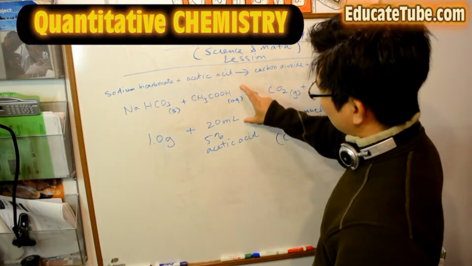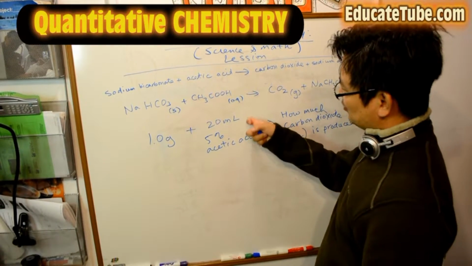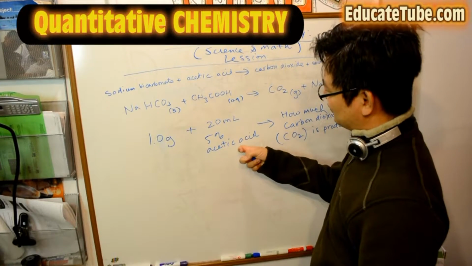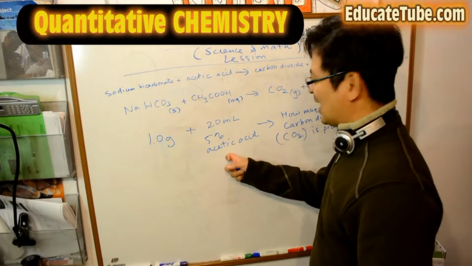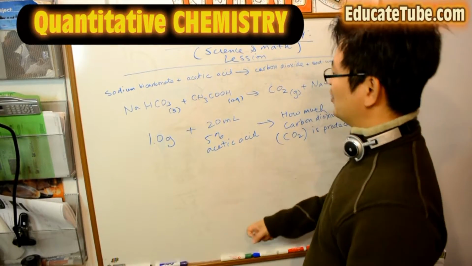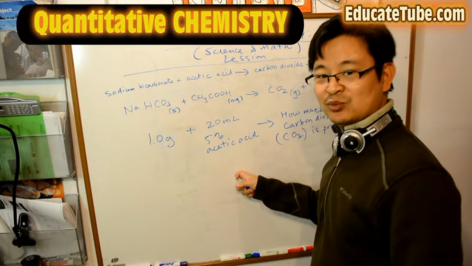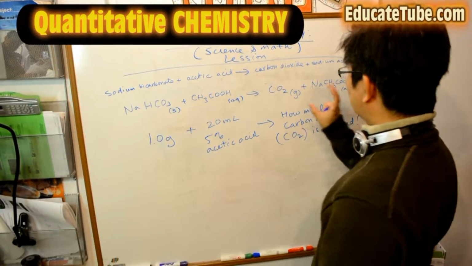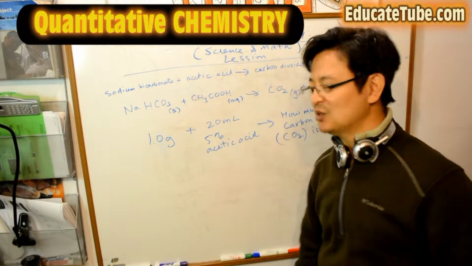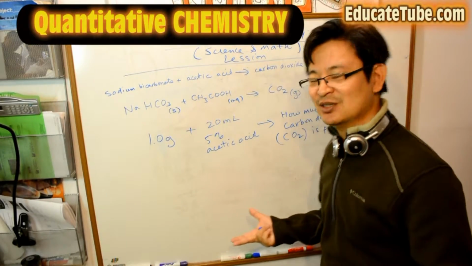Same thing here. We're first going to figure out how much mass is 20 mil of 5% acetic acid. We're going to convert that to mass in grams. Then we're going to also figure out its moles as well. Once you find the moles of the two, then we can figure out how much carbon dioxide is produced. That's really the solution to this question.